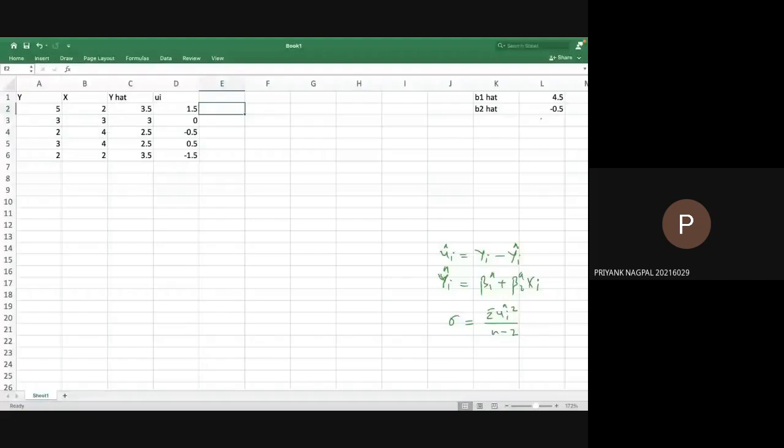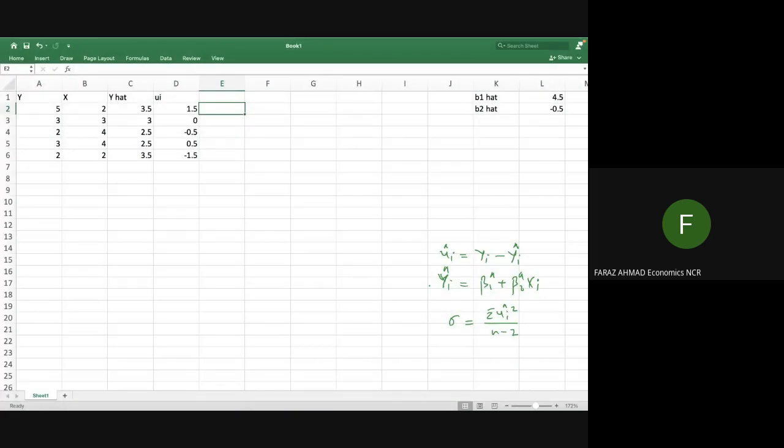All right, sir. And sir, so we got our ui. yi is the y values, random y values in a population, like all the y values in a population? No, in the sample, and these are actual y values. We call them actual y values in the sample. Okay, thank you, sir.